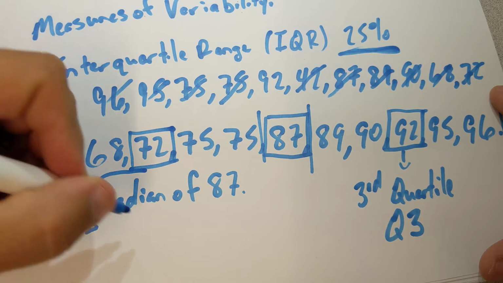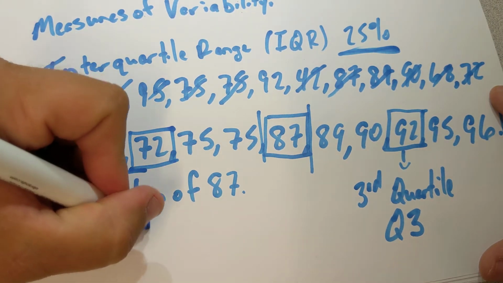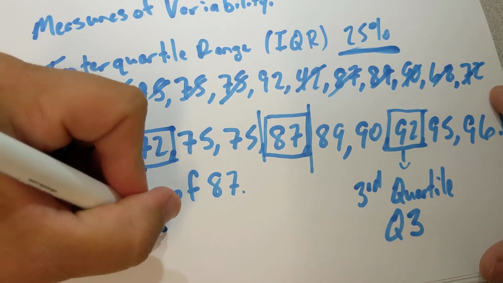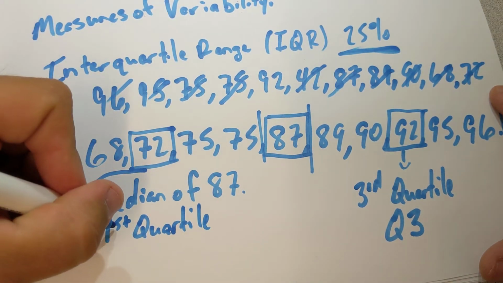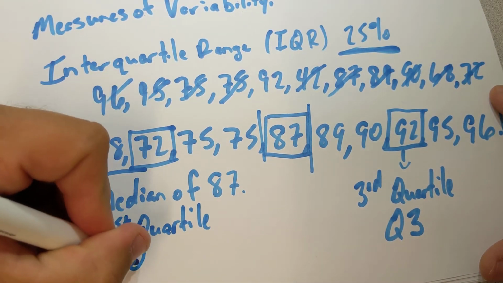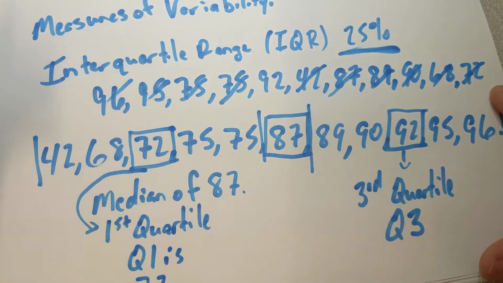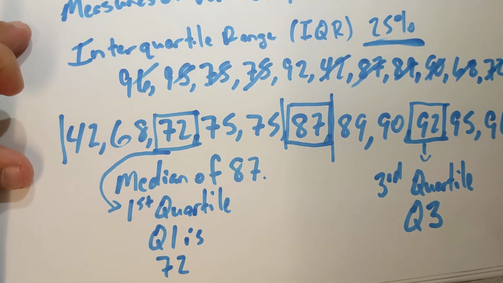So the lower quartile, which is also called the median of the lower half, the first quartile, or Q1, is 72. Okay, everybody can see that.